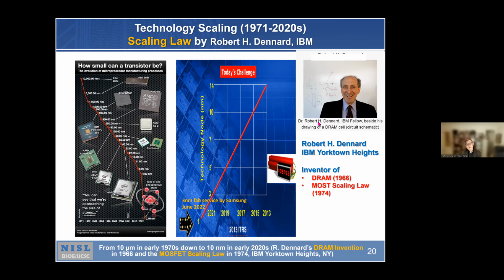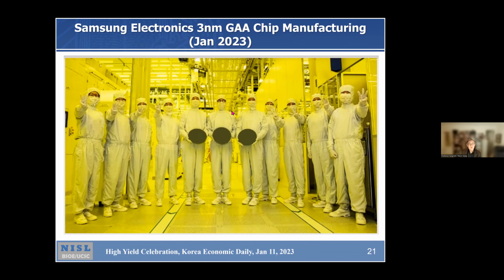That's a huge contribution of Dennard at IBM Yorktown Heights. This shows a picture taken in January 2023 of a gate-all-around device using 3 nanometer technology.